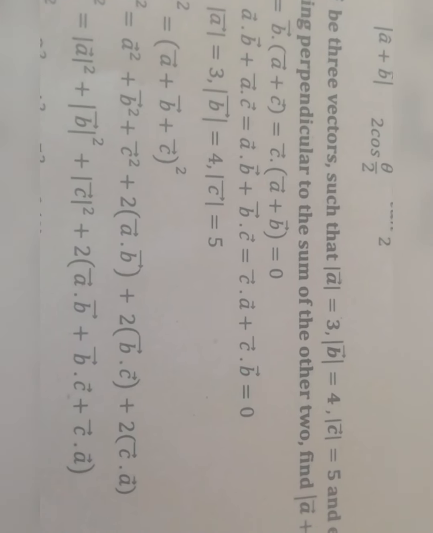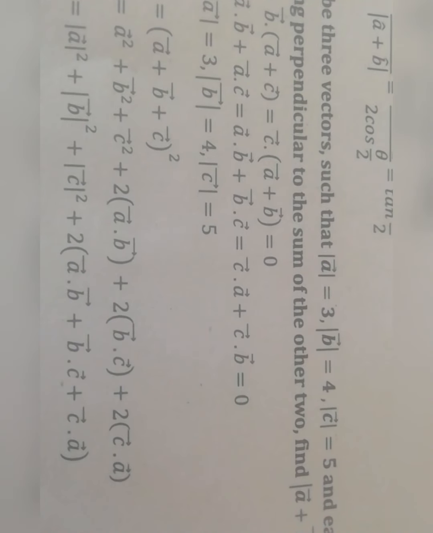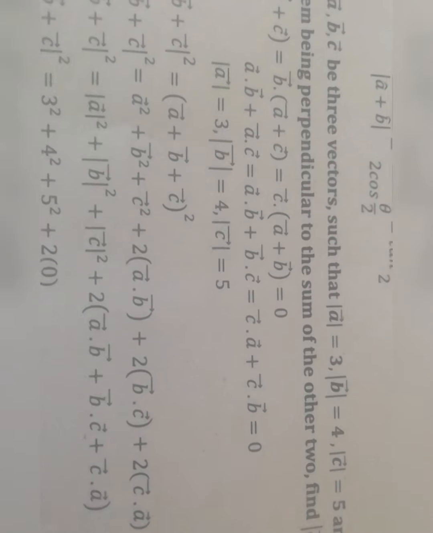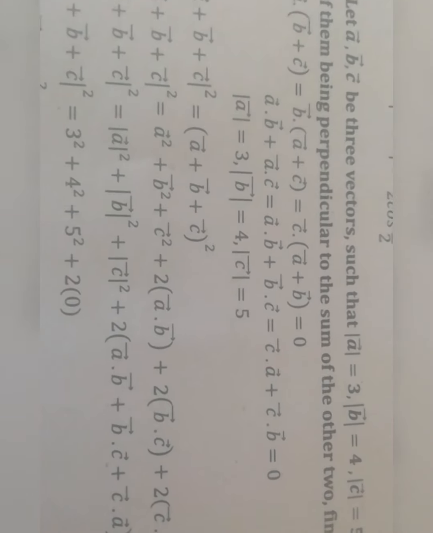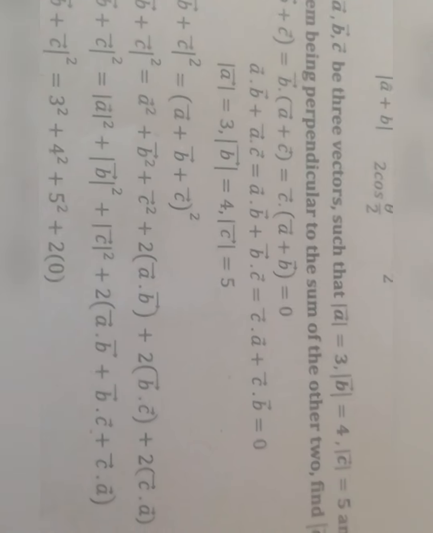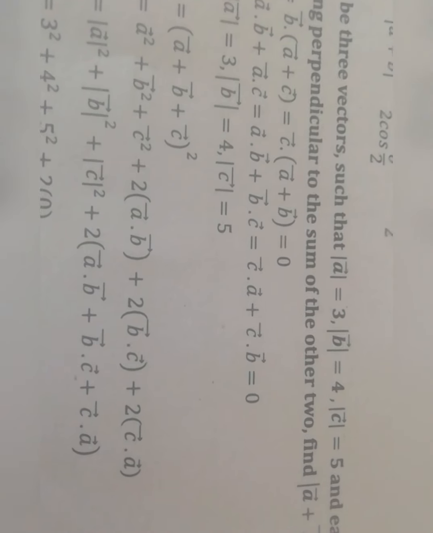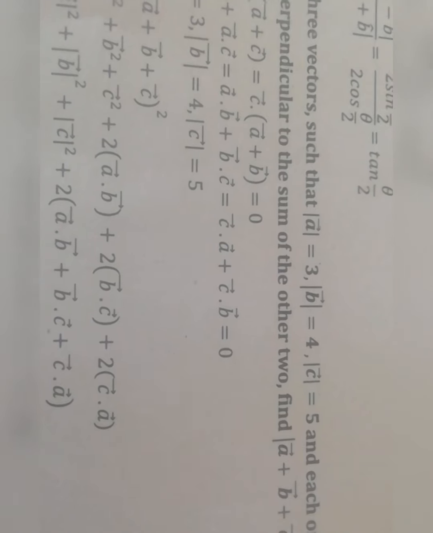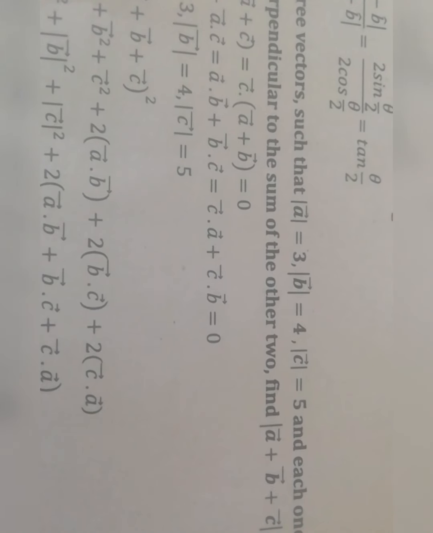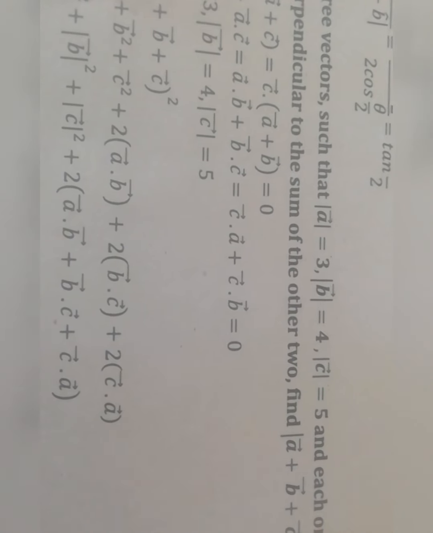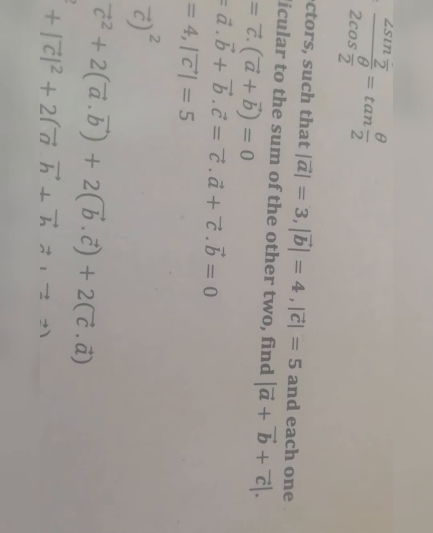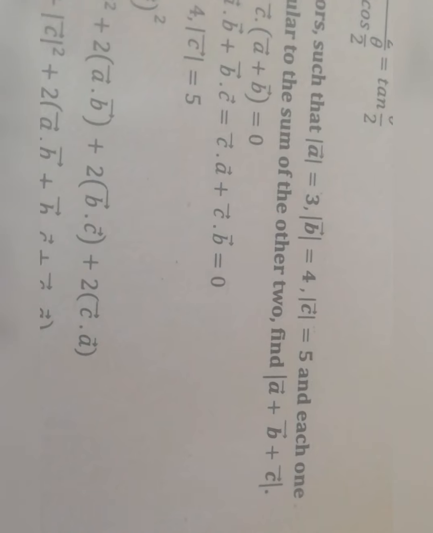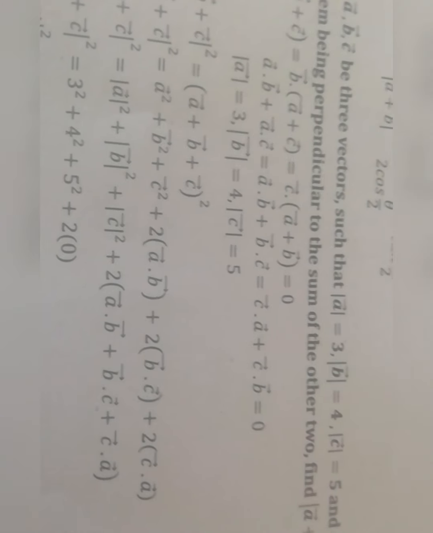If we simplify this, by the distributive law, A dot (B plus C) is A dot B plus A dot C. So A dot B plus B dot C plus C dot A, everything in vectors, equals 0.